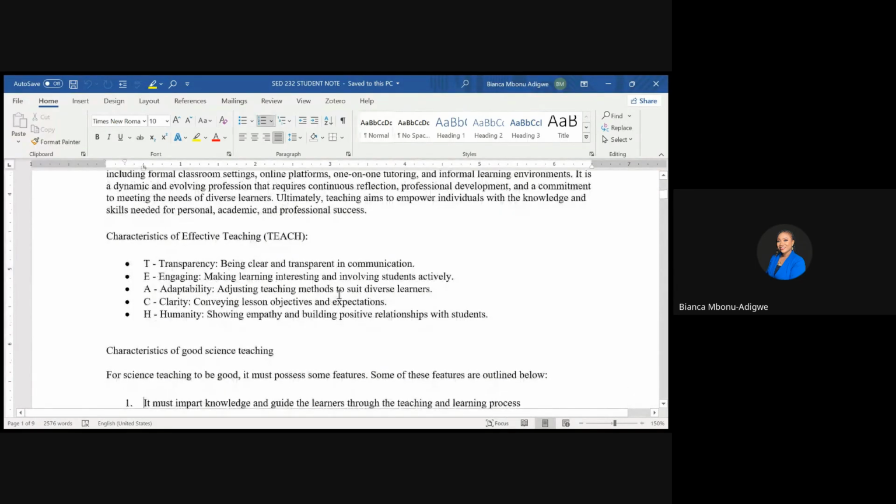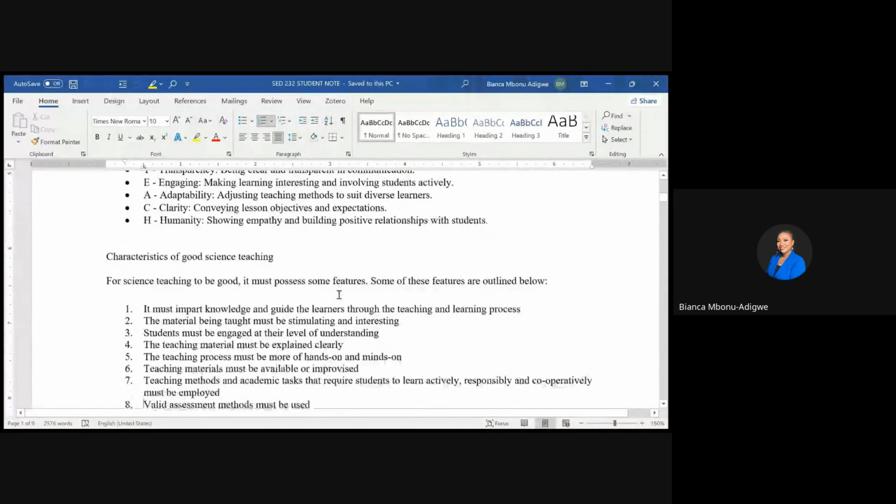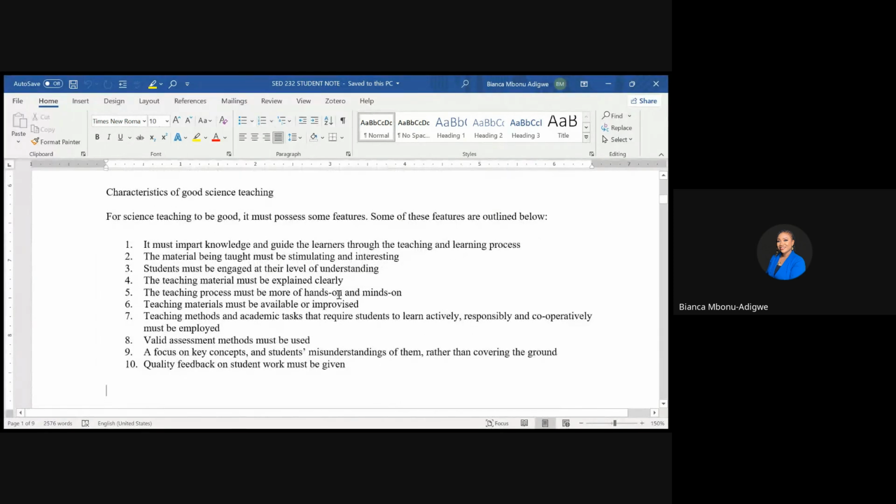Now, these characteristics cut across every form of teaching. Whether you are teaching science, arts, music, or sculpting, that acronym is like an umbrella term for the characteristics of effective teaching.